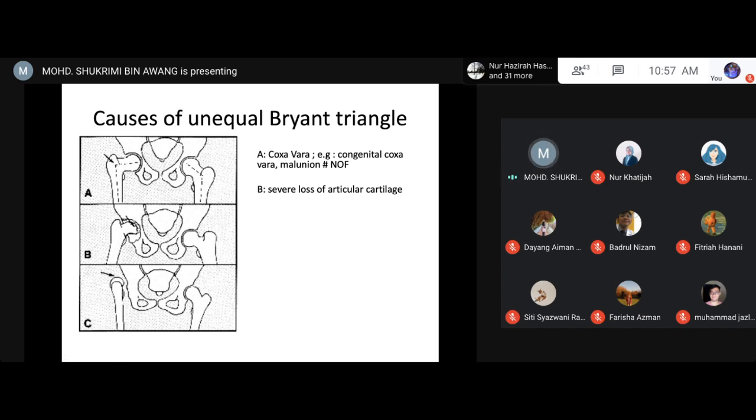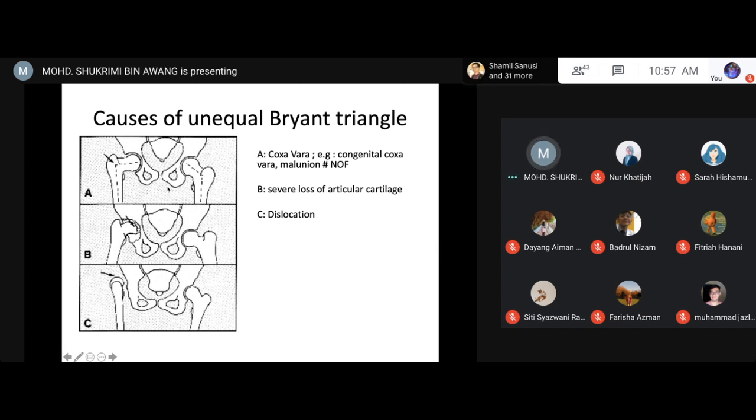Or like DDH, developmental dysplasia of the hip, in pediatrics, or probably a hip dislocation. And of course, protrusio acetabuli means central hip dislocation. This one is posterior hip dislocation. In central hip dislocation the femoral head goes inside the acetabulum. You may have a problem where your Bryant triangle is also shorter.